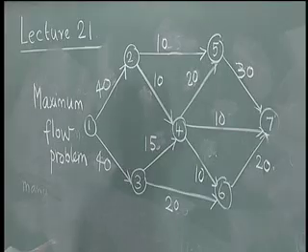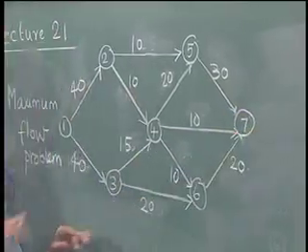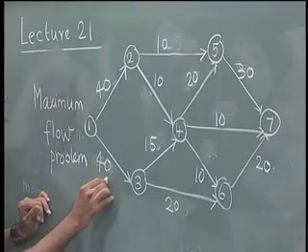Now the maximum flow problem is like this. You are given a network. Now this is a network which has 7 nodes, it has 11 arcs, and each arc has a weight.